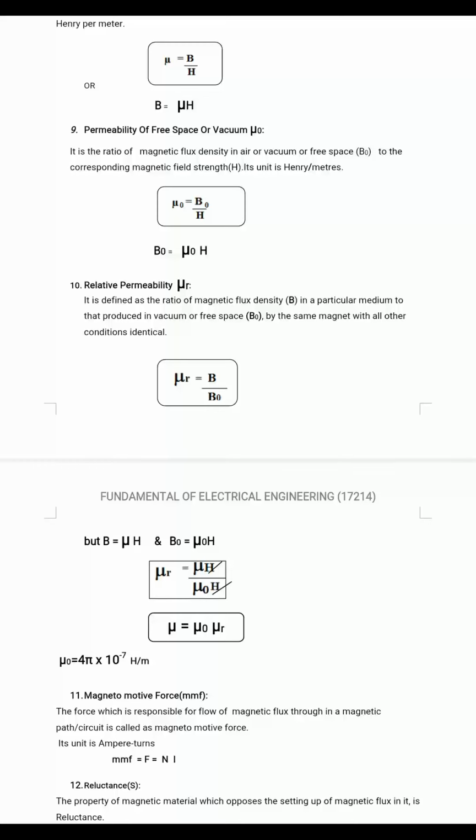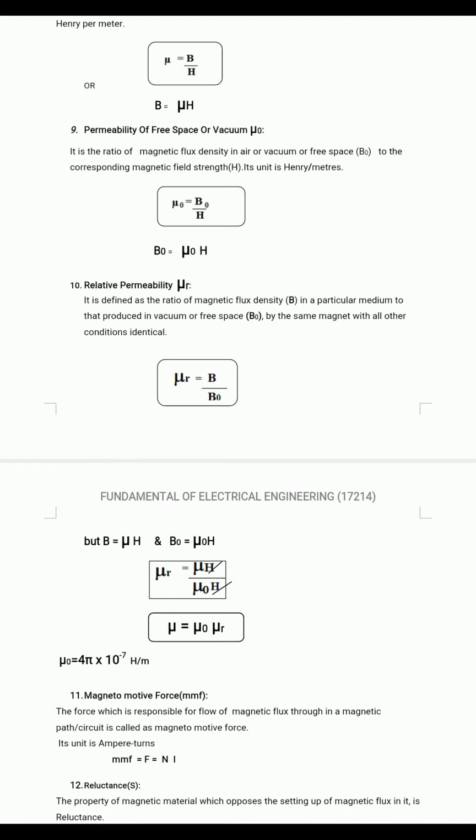From these formulas we can calculate mu r. So mu r is equal to B upon B0, but we know that B is equal to mu H and B naught is equal to mu naught H. While putting these values of B and B naught in the above equation, we get mu H divided by mu naught H. Here H is common, so we can cancel out H in numerator and denominator.